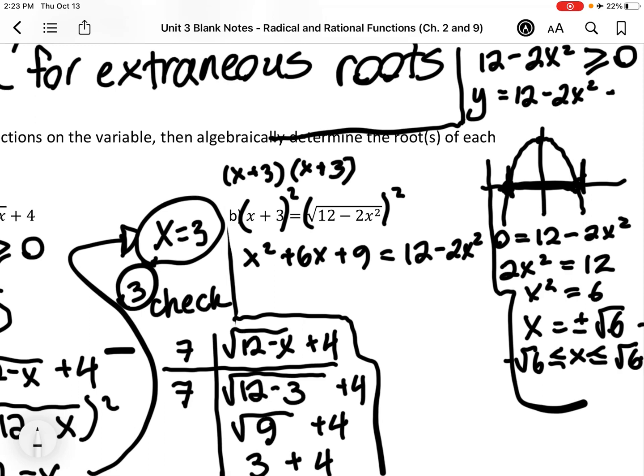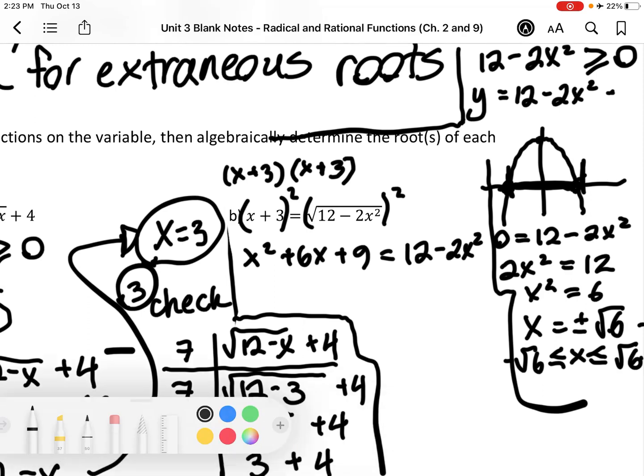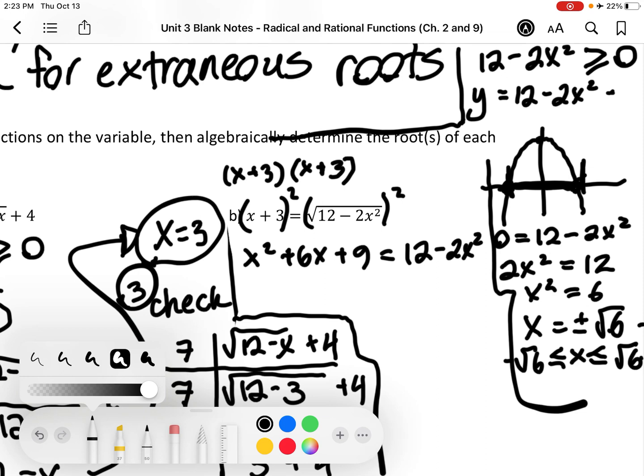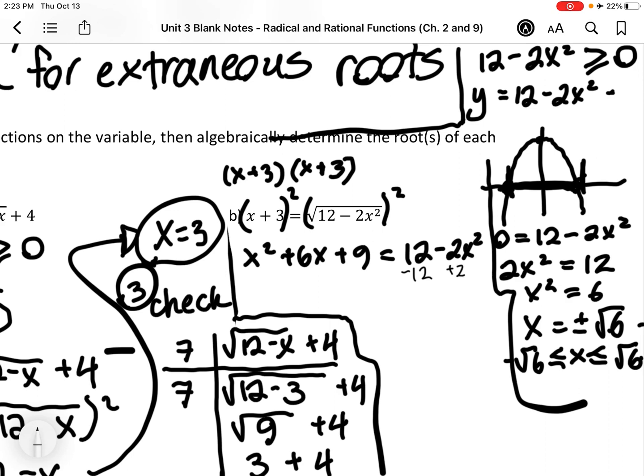Now this happens to be a quadratic equation. With a quadratic equation, the goal is essentially to equate one side to 0. So I'm going to subtract 12 and add 2x squared to both sides. And then my left side will be 0. I'll have 3x squared plus 6x minus 3 equals 0 on the right side.